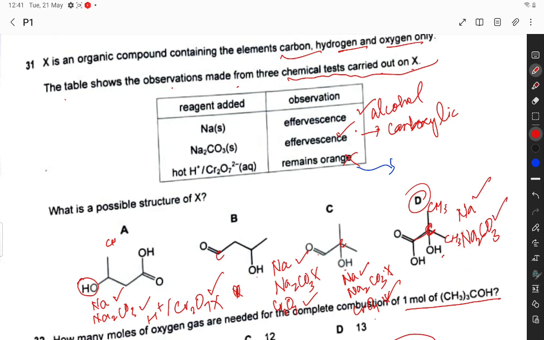This is also correct, because this is a tertiary alcohol, and a tertiary alcohol cannot be further oxidized, so it cannot react. So Cr2O7 remains orange. So option D is the correct option. So all these observations are correct in this case.